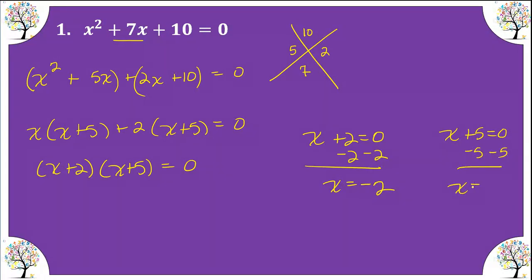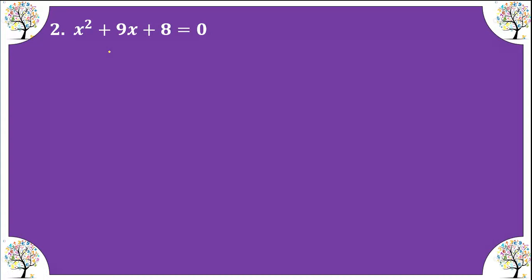The other intercept is -5. So we can write our solutions -5 and -2, or you could write them as ordered pairs. These are the two places that this parabola, this quadratic function, will cross the x-axis.